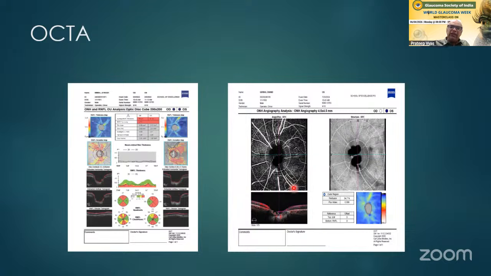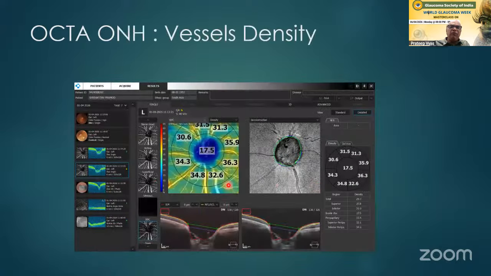If we assess the microvasculature in the parapapillary area, then vascular density reduces. And the imaging technology has a normogram where it can assess the vascular density in the parapapillary area and compare it with the normative data. So that is how it can be a little more useful because of the lower floor effect.